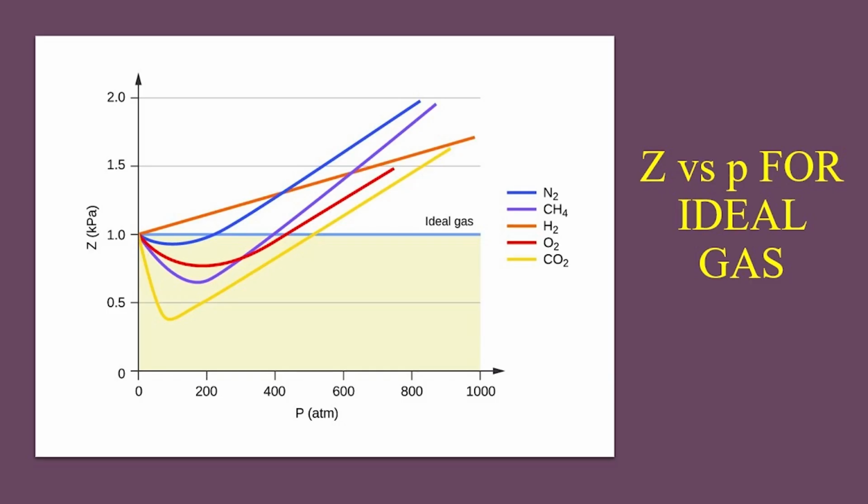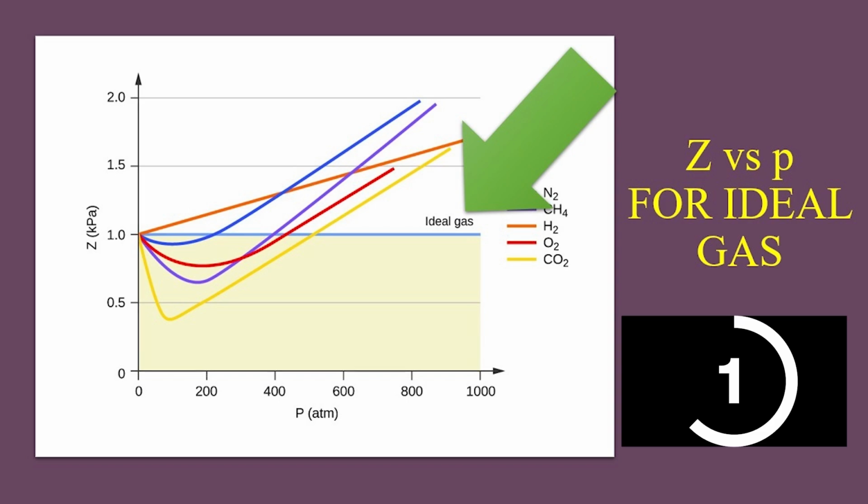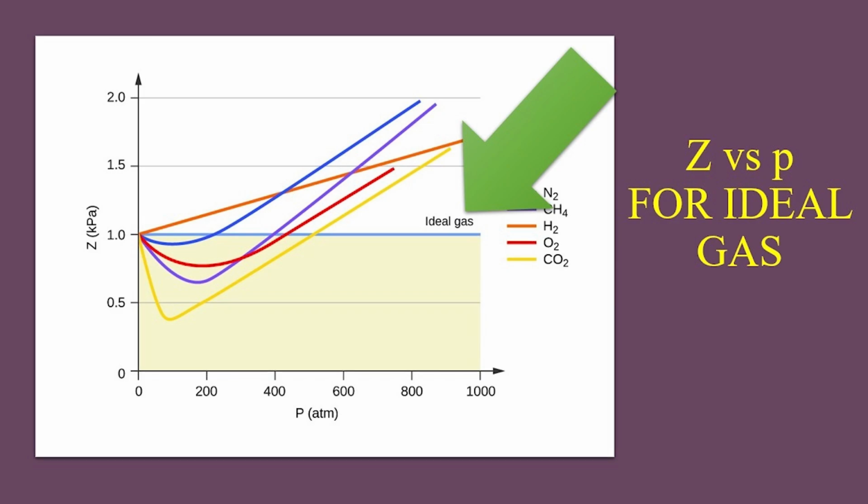I will show a graph which is a plot of compressibility factor Z versus P. What is the peculiarity of the line for the ideal gas in the graph? Yes, it is a straight line parallel to the pressure axis. And for gases that deviate from ideality, the value of Z deviates from unity.